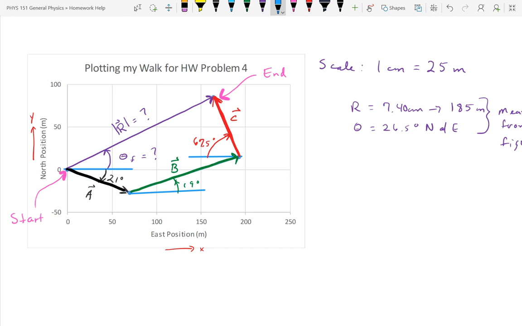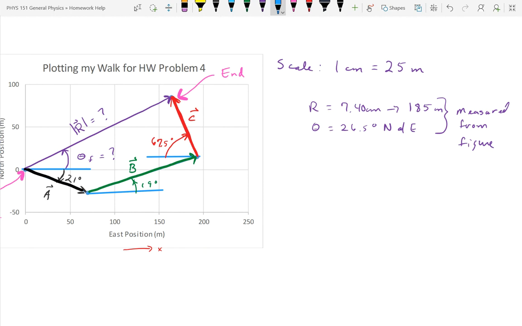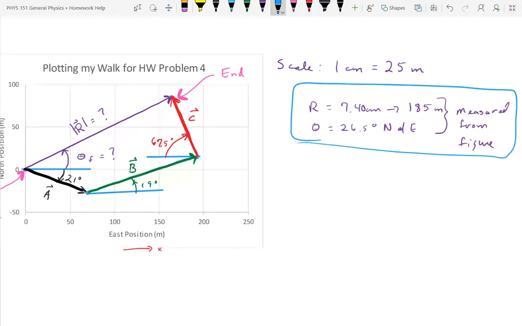And then, and I actually did this, I put a ruler on here and drew that line and measured its length and measured its angle. Its length was 7.40 centimeters. So using my conversion factor that 1 centimeter is 25 meters, it gave me 185 meters. And with my protractor, I measured 26.5 degrees north of east. And so this is my answer for adding the vectors graphically.